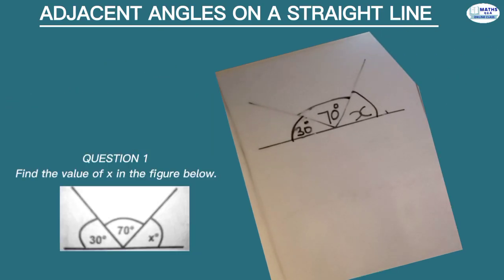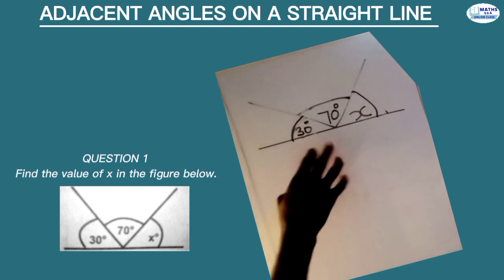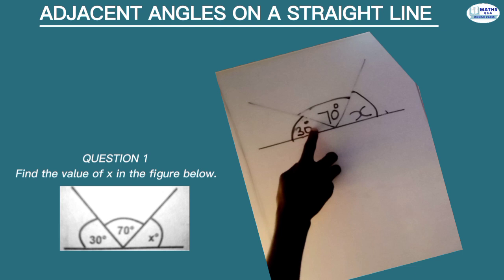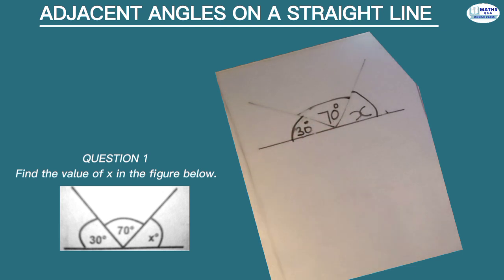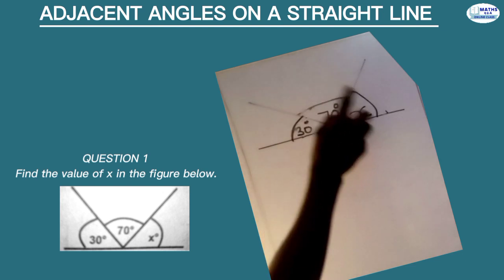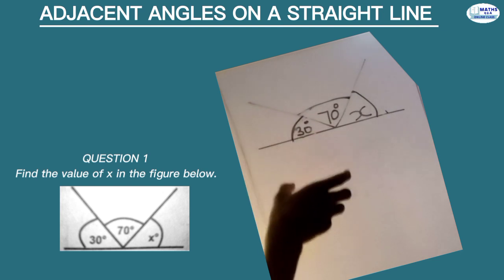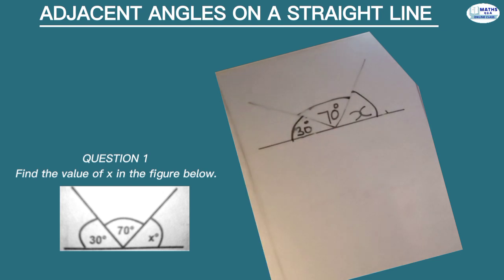So our first question is to find the value of x in this figure, right? So we have 30 degrees here, 70 degrees, and then x. Now you see that these 3 angles are all formed on a straight line, right?